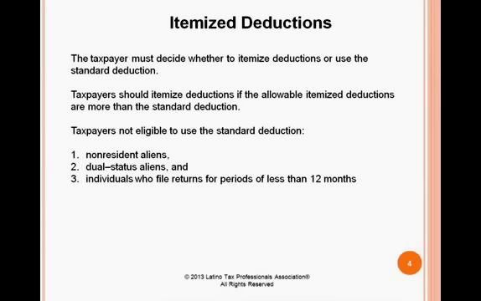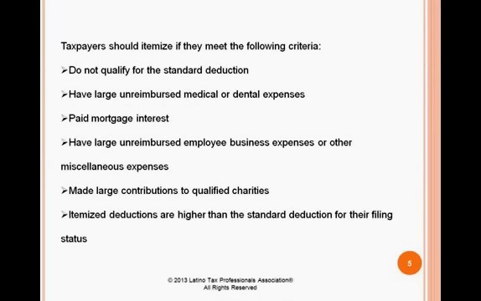Taxpayers not eligible to use the standard deduction are non-resident aliens, dual status aliens, and individuals who file returns for periods of less than 12 months. Taxpayers should itemize if they meet the following criteria: if they do not qualify for the standard deduction, or have large unreimbursed medical or dental expenses.